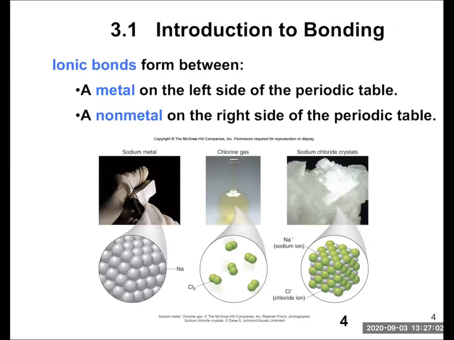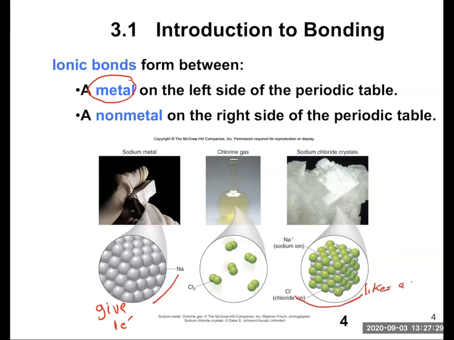So ionic bonds are going to form between a metal and a non-metal. Remember, metals are on the left of the periodic table. We have an example here with sodium, which is a metal, and it likes to give 1 electron. That electron is going to go to chlorine, which likes to accept 1 electron.